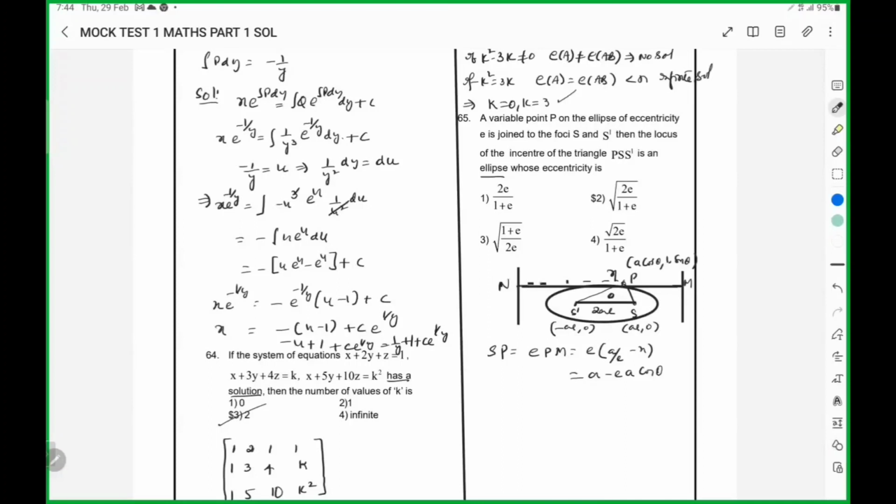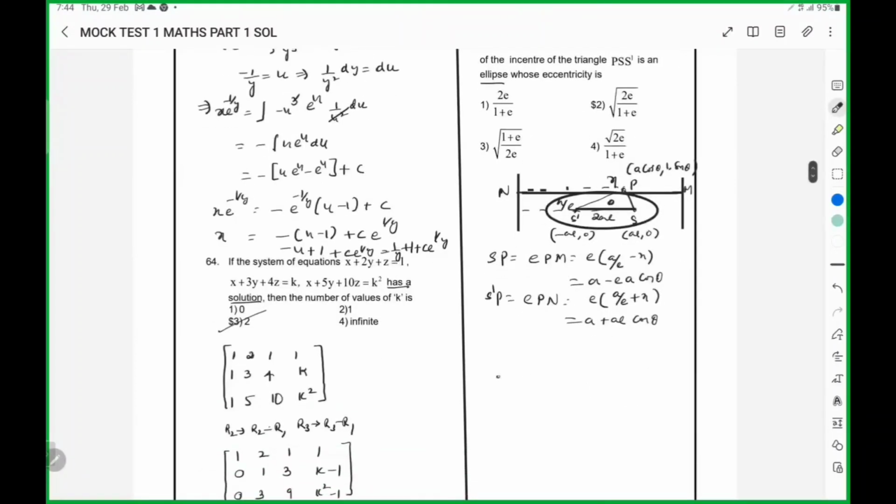It is N. S dash P becomes E times PN. That is, this distance is A by E plus X, which is A plus AE cos theta.